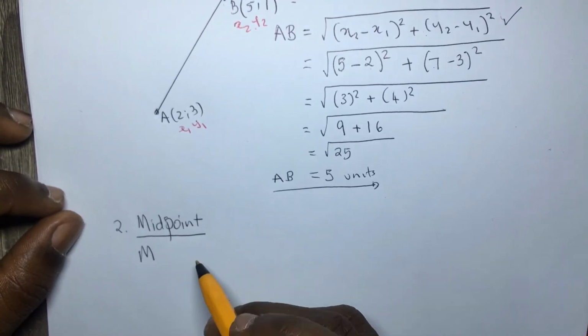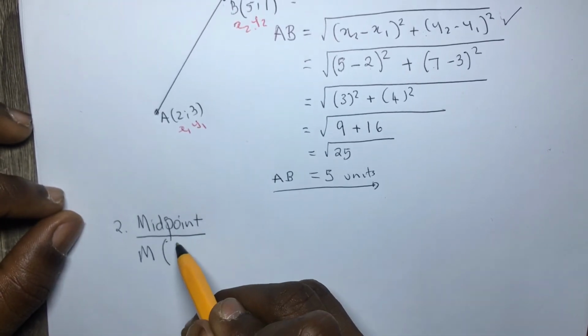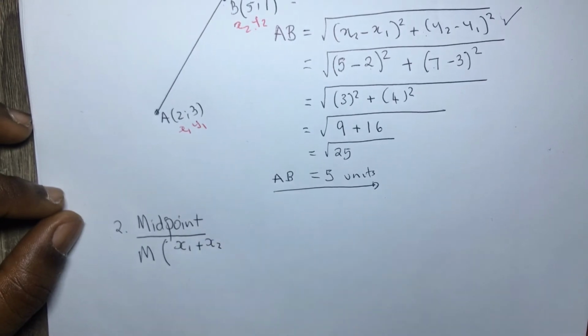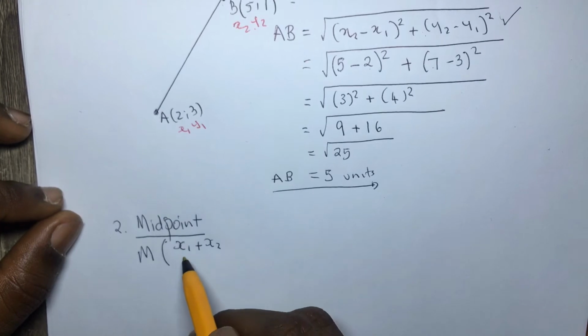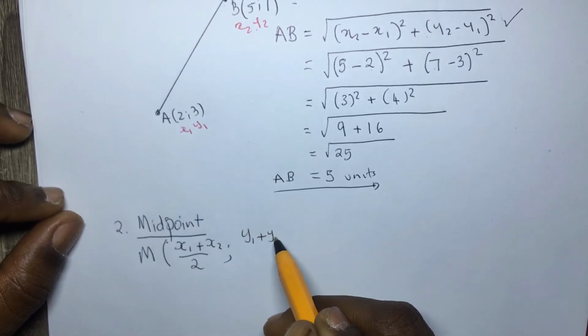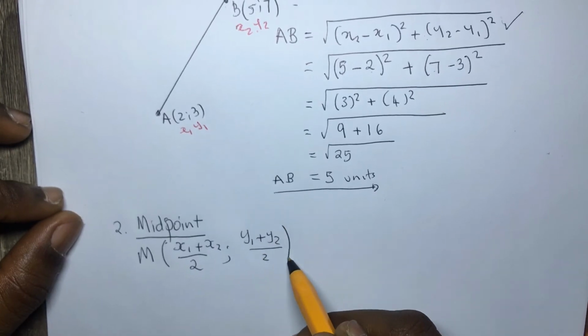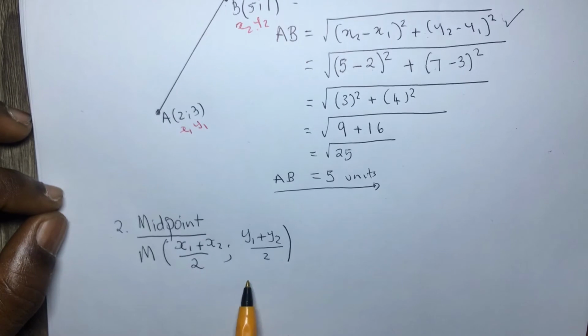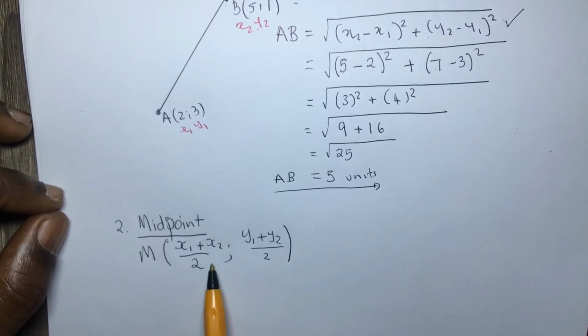The formula of the midpoint will be x1 plus x2 over 2, and then y1 plus y2 over 2. Very important. So this formula automatically gives you the x and y coordinate.